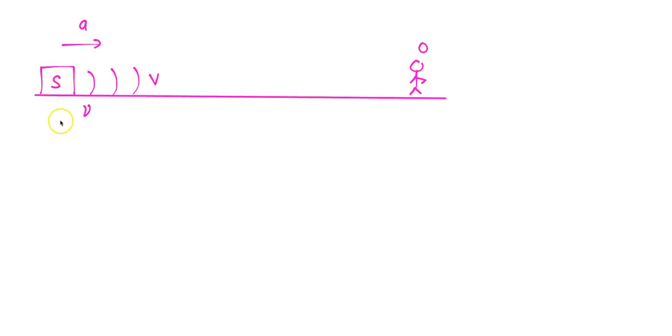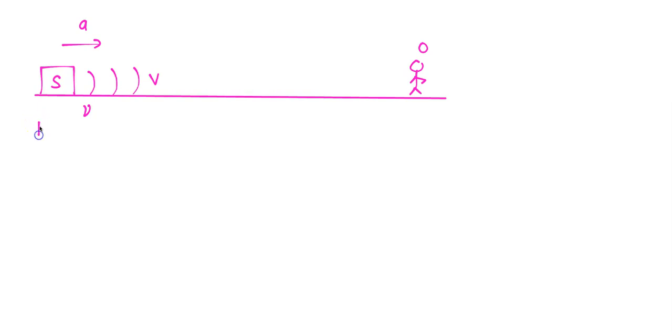So I'm going to set up a table here to record the times at which the source emits these waves and the times at which the observer receives these waves, and let's see using that whether we can find anything useful.